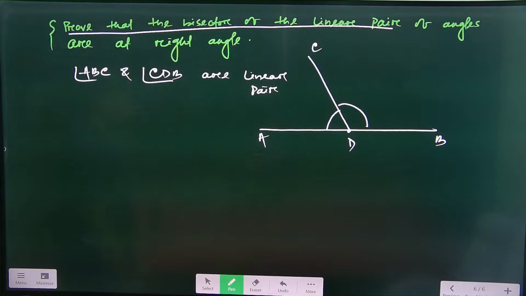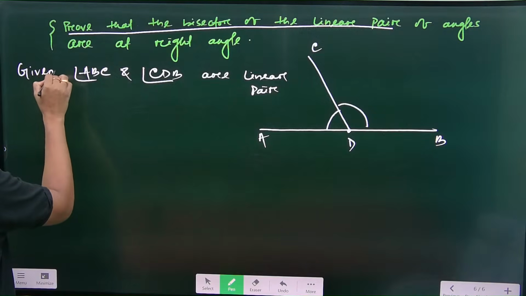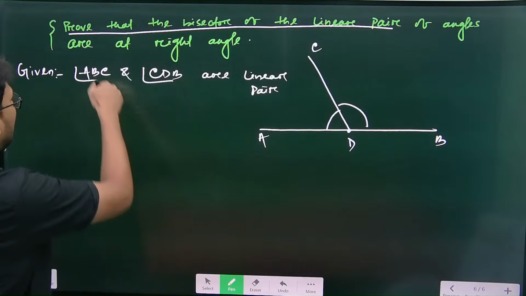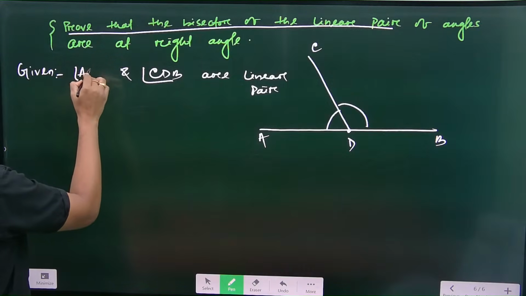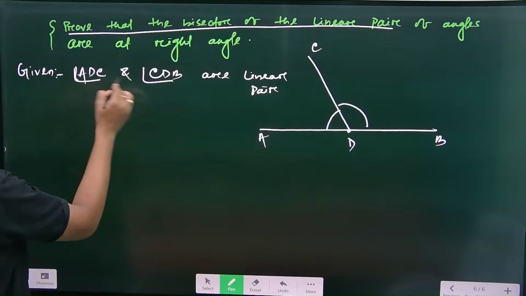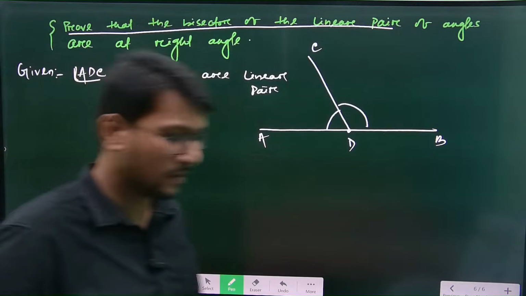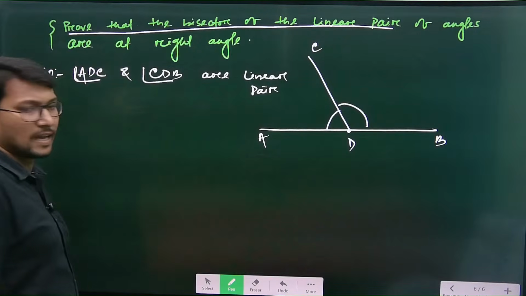It is given. ADC and CDB are a linear pair. Which angles are ADC and CDB?